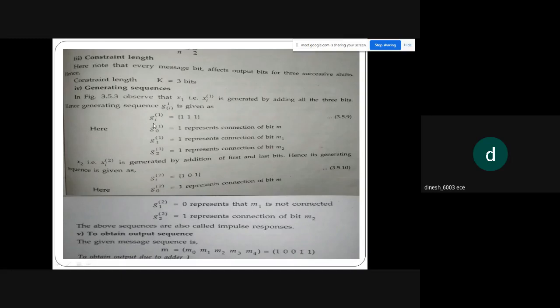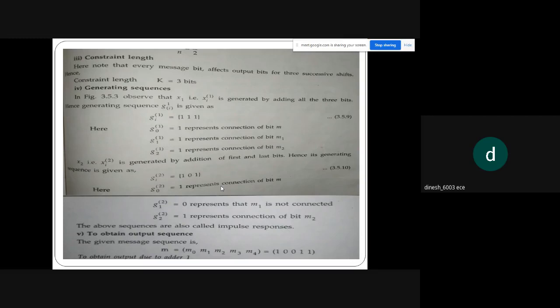So this gi of 1 and gi of 2 are the generating sequences, or called impulse responses, for this particular problem.